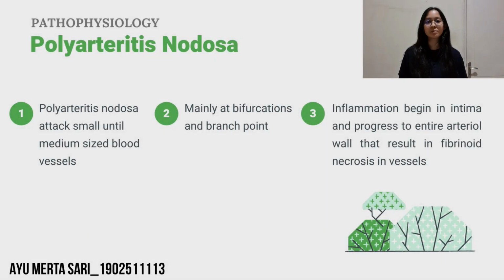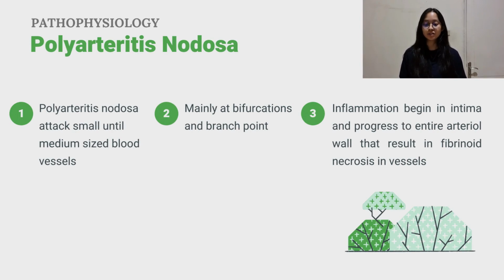Now, I'm going to explain the pathophysiology of polyarteritis nodosa. Polyarteritis nodosa mainly attacks bifurcations and branch points of small to medium-sized blood vessels. The inflammation begins in the tunica intima and progresses to the entire arterial wall, resulting in fibrinoid necrosis of the vessels.